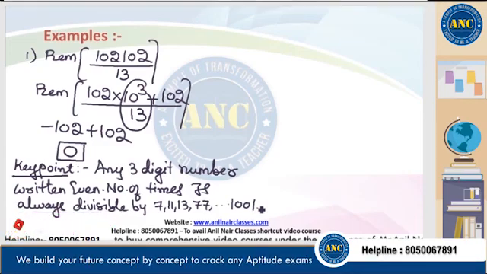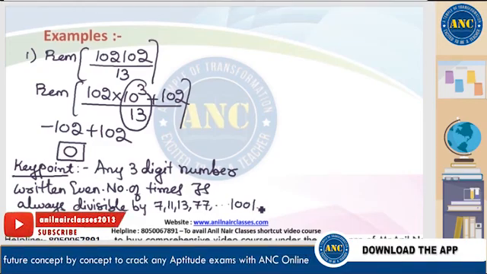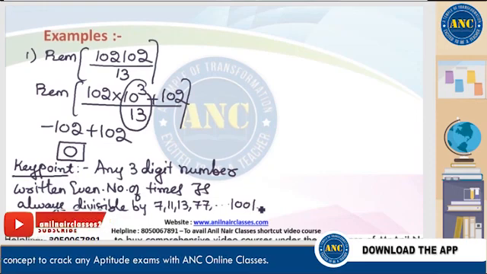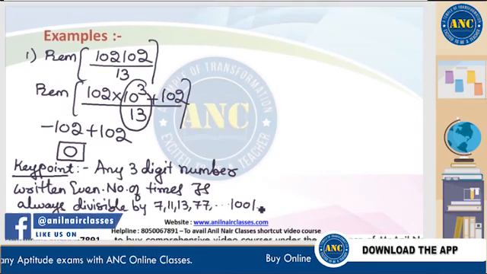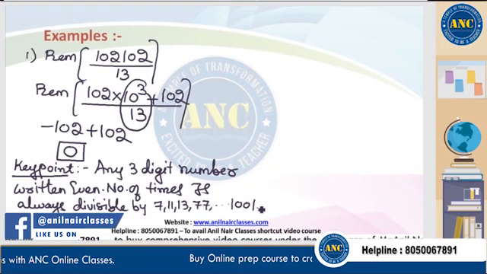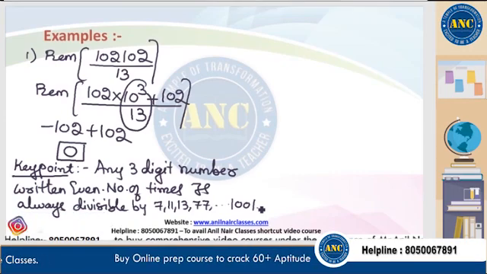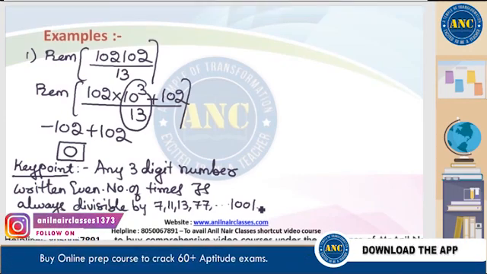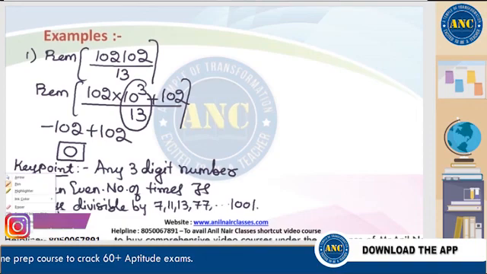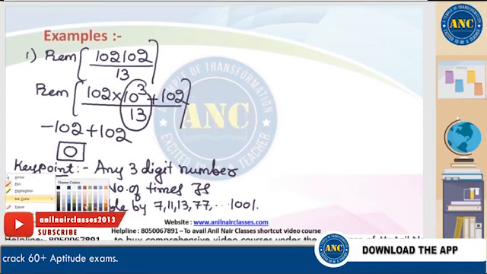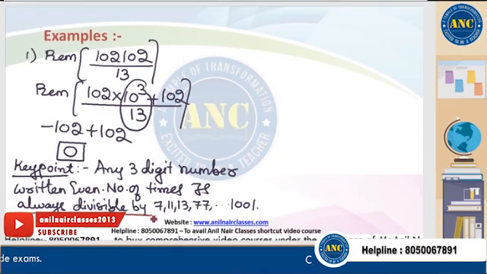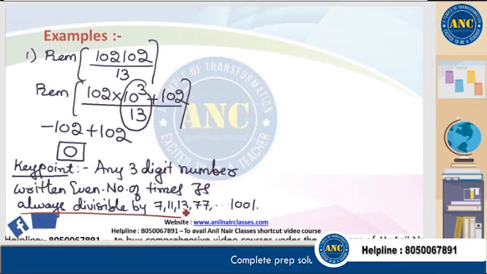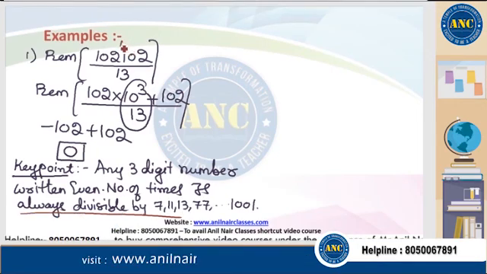If you write a 3-digit number even number of times, 2 times, 4 times, 6 times, 10 times, 12 times, it will always be divisible. Why? Alternatively, after the 3-digit number, there will be plus minus, so plus minus will get cancelled.